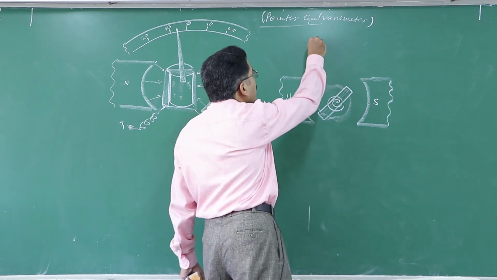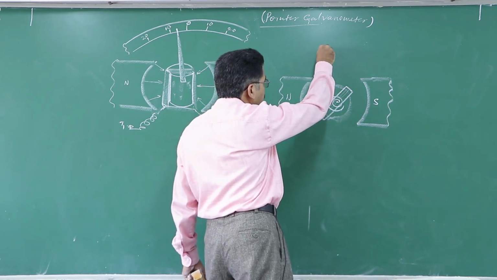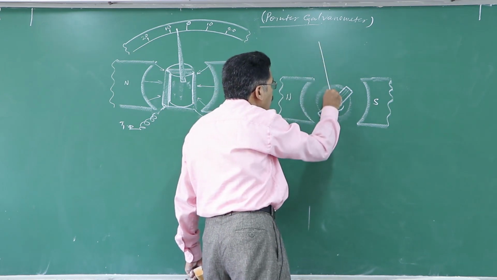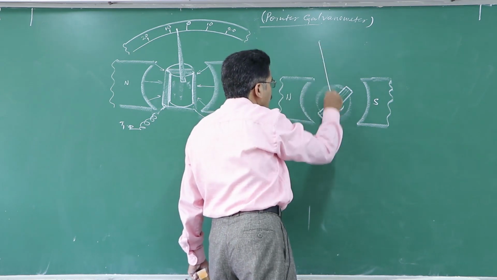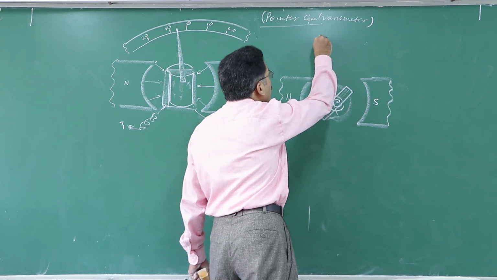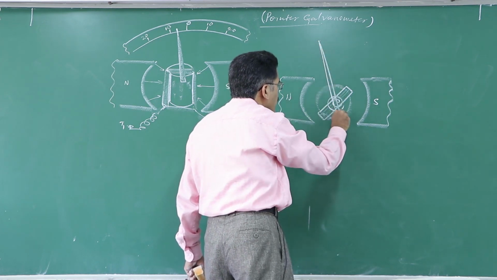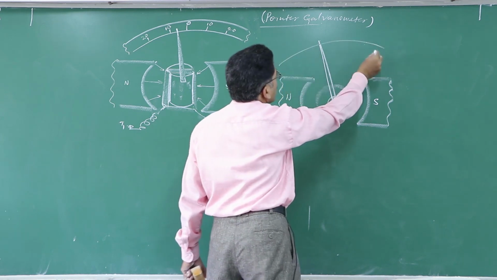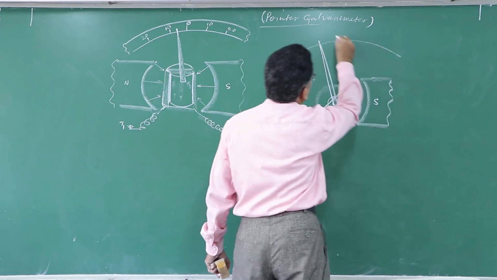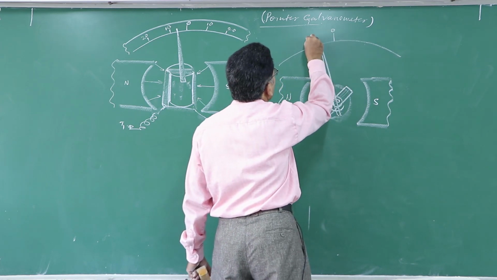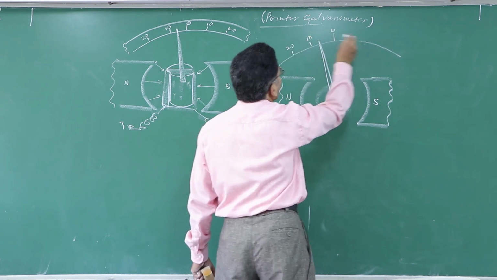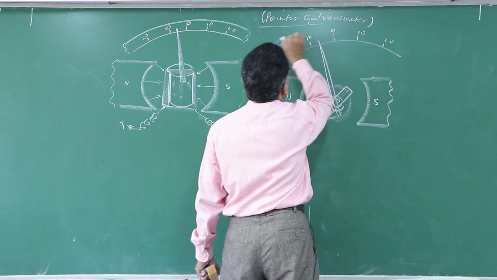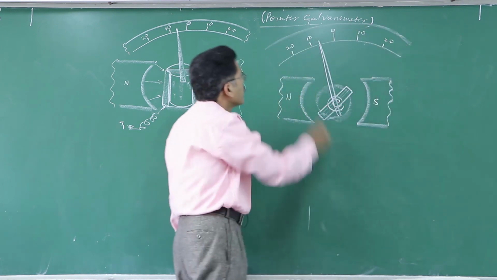And we have a long aluminum pointer attached to the coil, which is made to move across a graduated scale with center 0.